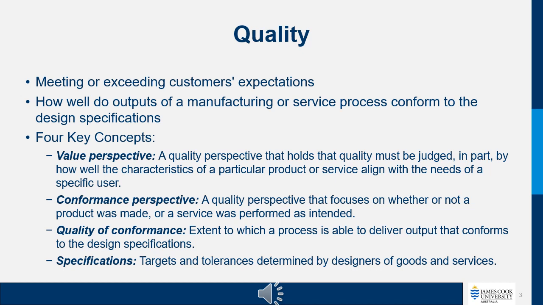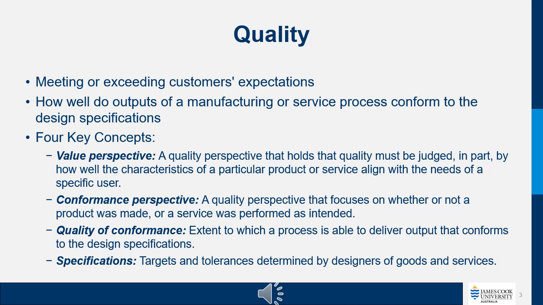There are also four concepts here: value perspective, conformance perspective, quality of conformance, and the specification. By looking into value perspective, quality must be judged in part on how well the characteristics of a particular product or service align with the needs of the specific user.